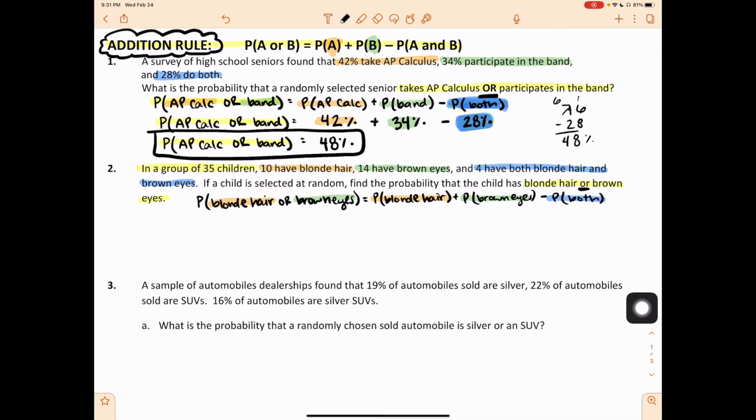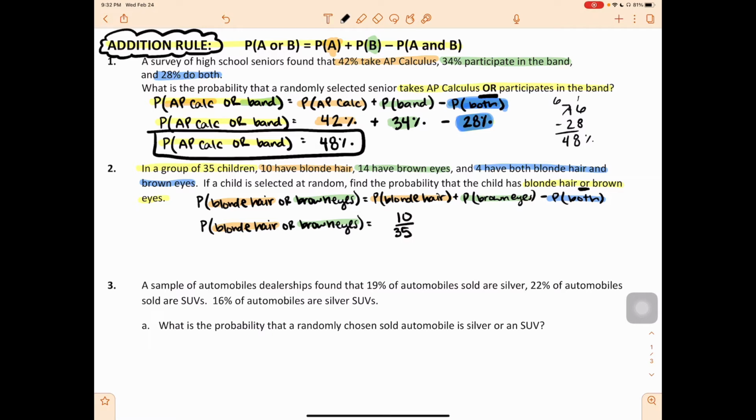So let's go and see here. For this probability, I'm going to go ahead and select this because it's the same thing. The probability of a child being selected who has blonde hair is 10, but not 10%. It's 10 out of 35 students.